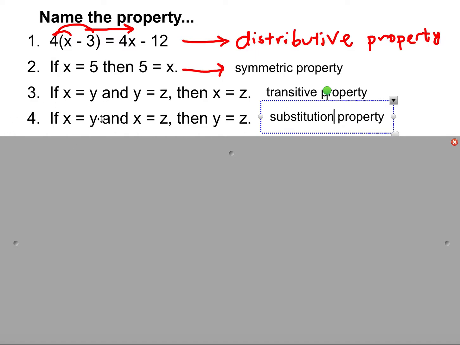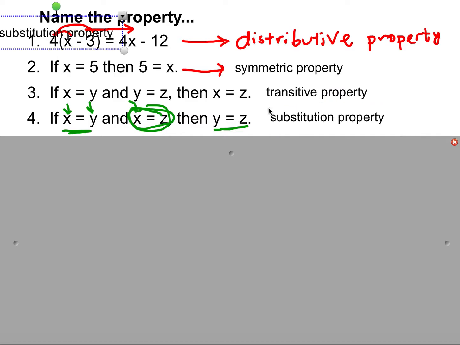If x equals y and then we're given that x also equals z, then what I'm doing essentially is substituting in, because x equals y, a y for an x in this statement. I'll try and say that again because that's kind of hard to see. Since x equals y, anywhere that I see an x, I can substitute in a y. So in this statement, if I substitute in a y for an x right here, what do I get? I get this statement. So this one right here is actually substitution, and that's pretty tricky.